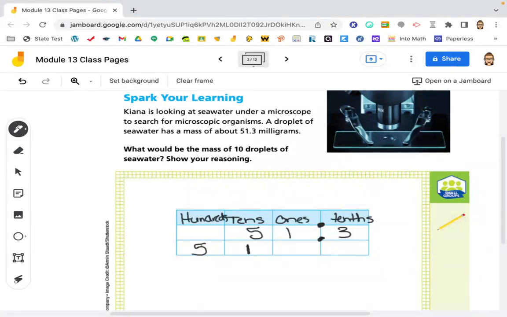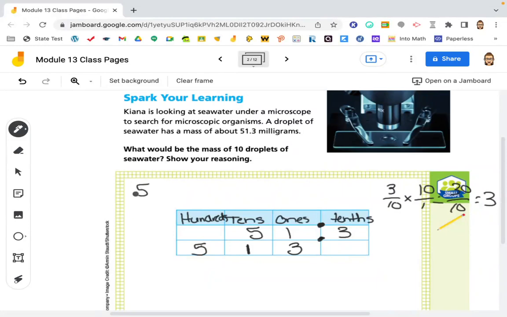So if I multiply my 3/10 by 10, if I do 3/10 times 10, that's going to give me 30 over 10, which equals 3. So then I get 513.